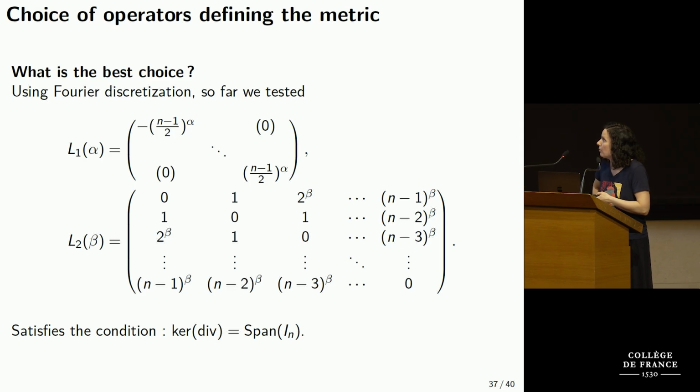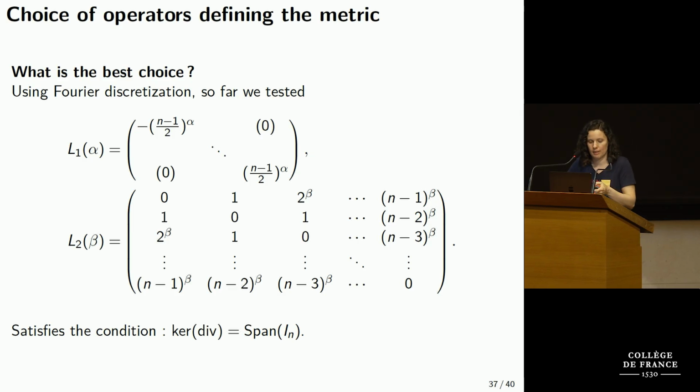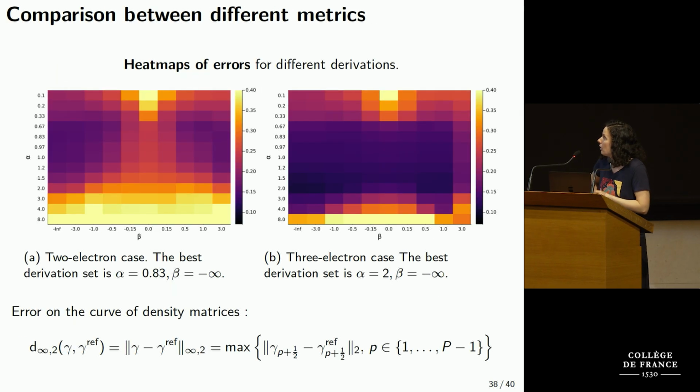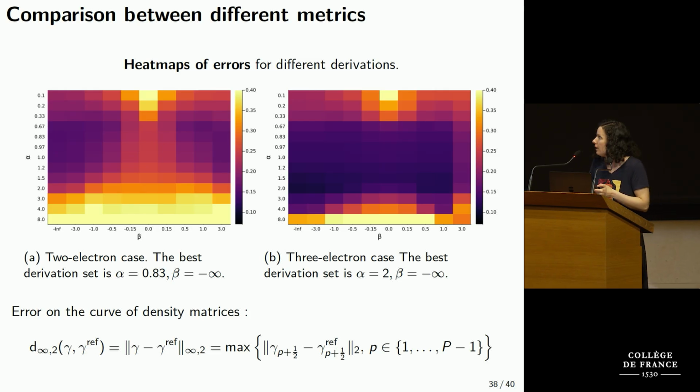So this first operator is like some kind of derivation with some given order in Fourier space, and this L2 operator corresponds to the multiplication with some function. We also chose them because they satisfy a condition which guarantees that we have a distance. And so we looked at the different errors when we varied these parameters, so when we vary the metric itself.